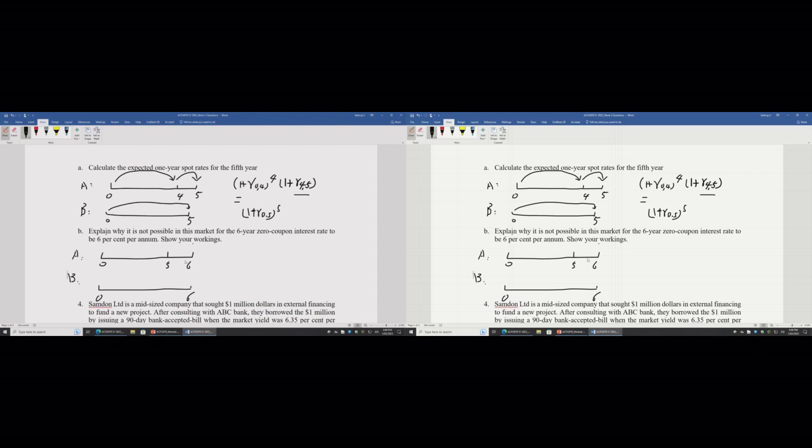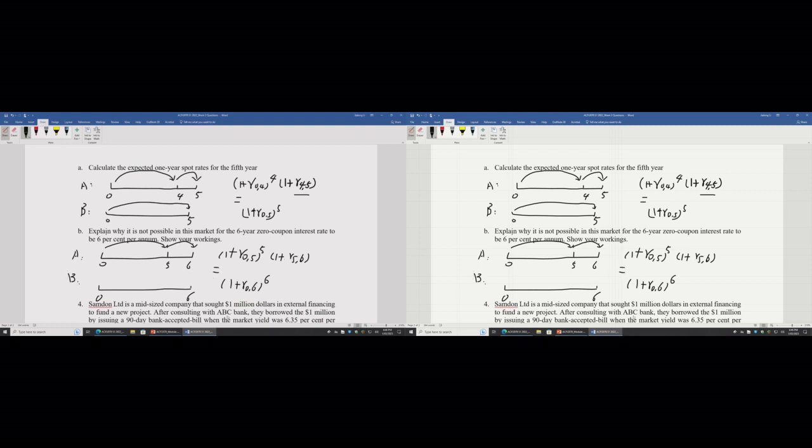The first one, R05 to the power 5, and then you make another 1 year investment, 1 plus R56. This will give you the same result as making just one 6-year government zero coupon investment. And these two should yield the same result.